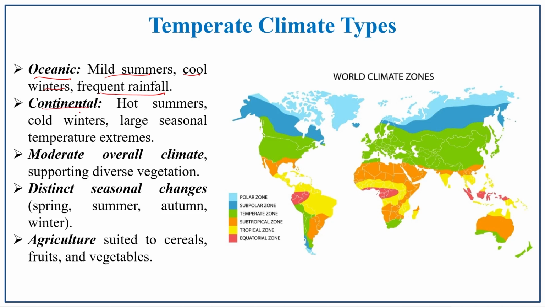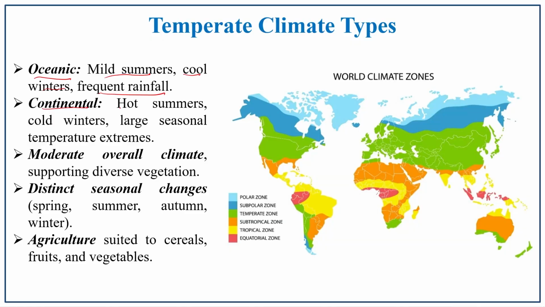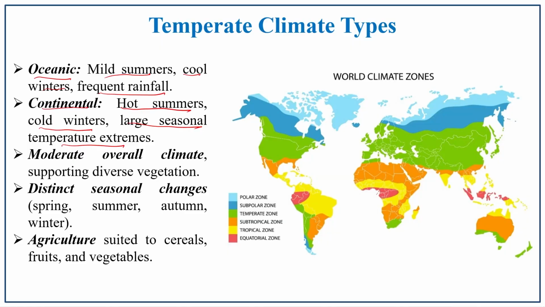From the name itself we can understand that it is the interior part of the earth's surface, which has no influence of water bodies. Hot summers and cold winters with large seasonal temperature extremes are the main characteristics of this continental climate type. The overall climate is moderate and supports diverse vegetation.